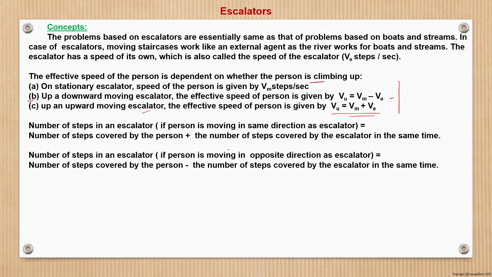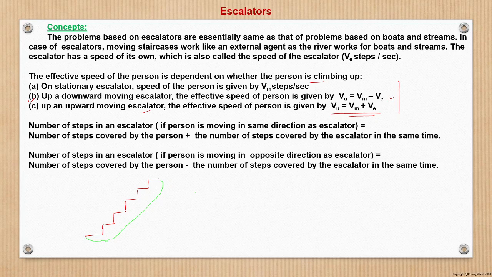Now, after having covered this concept of effective speed, let us see one more thing. See, this is the ground floor, and here the escalator starts, right? And up till here it goes, and here it reaches the first floor. So this is the portion of the escalator which we can see, and then there is the remaining portion which we cannot see. We know that the number of steps is nothing but the total distance, right?